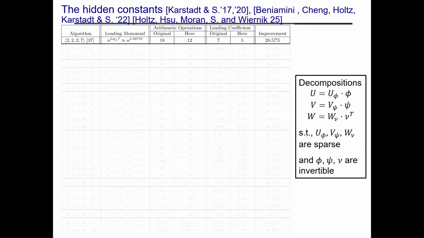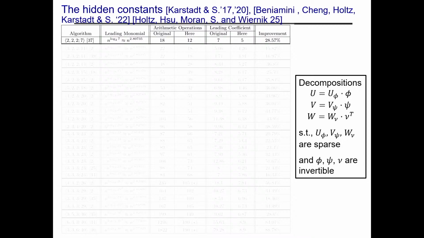And I'm sorry, it's a bit small. So the leading monomial is n to the log base 2 of 7, so about n to the 2.8. Originally, it had 18 additions. With the base change, we reduced that to 12. And that corresponds to about 28% of time saving.